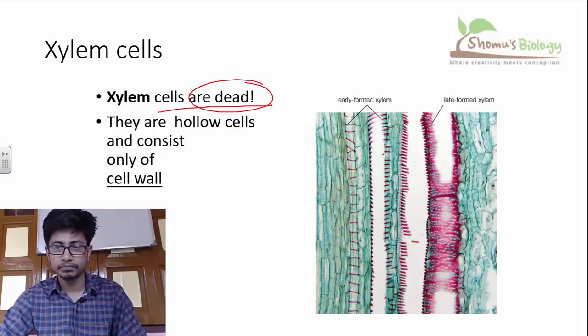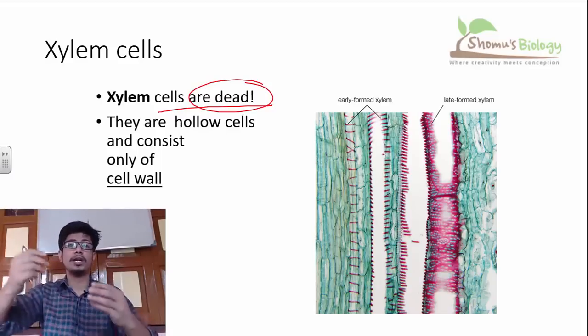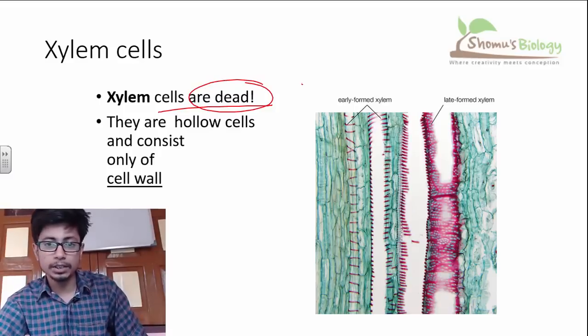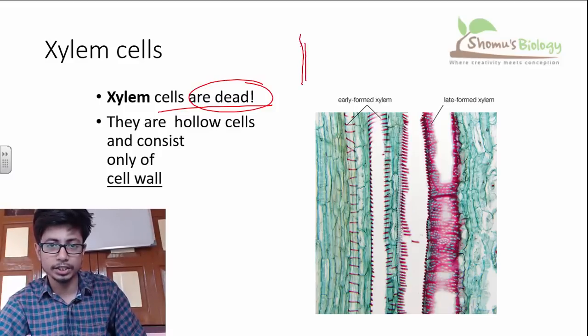As you see here, this is the early formed xylem, which was active in nature. As the plant is growing, if you look at the shoot structure here, these are the shoot structures coming out, the leaves and all the stuff.